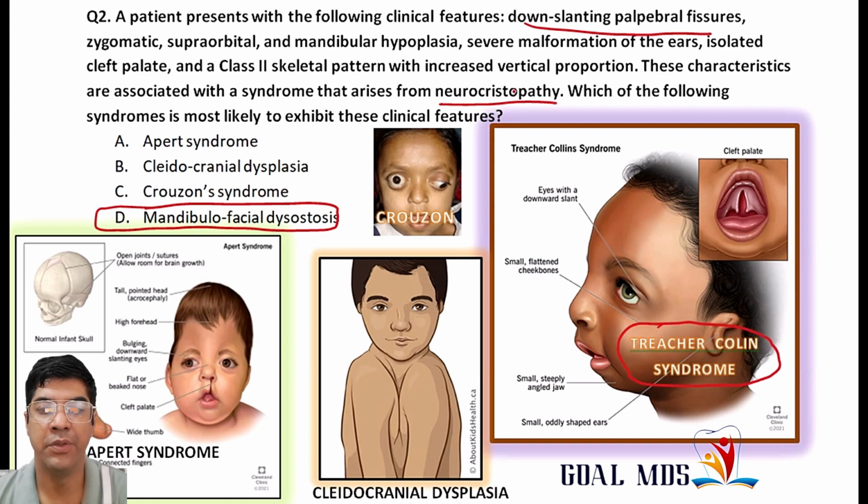It occurs due to mutation in which of the following genes. So remember the TCOF1 gene, the POLR1C gene.